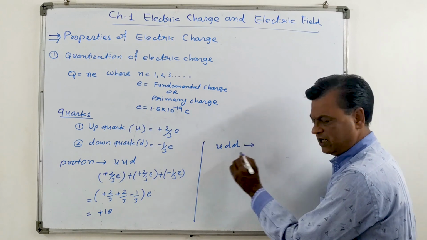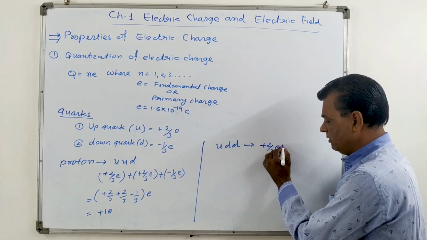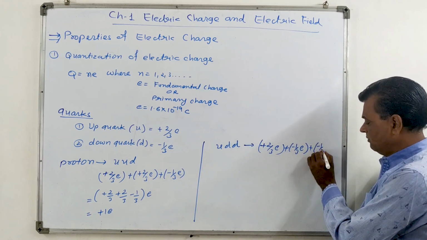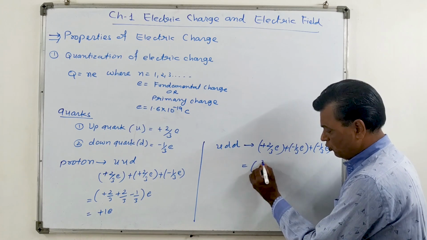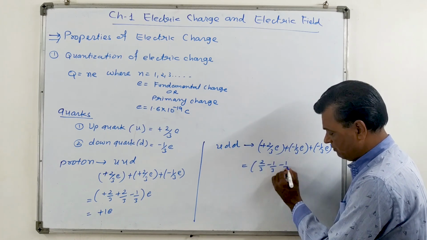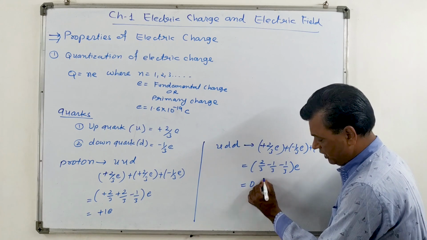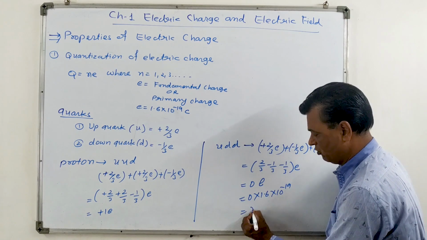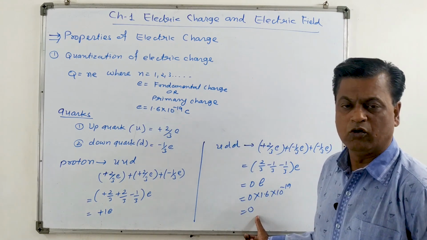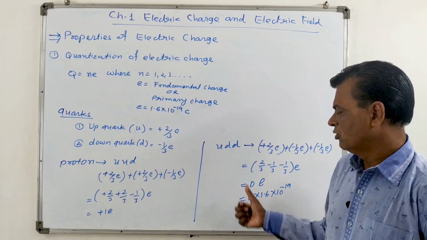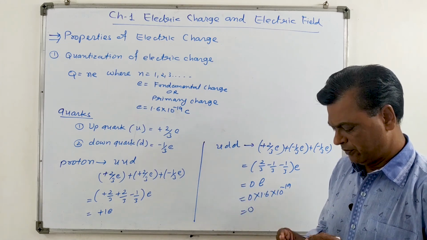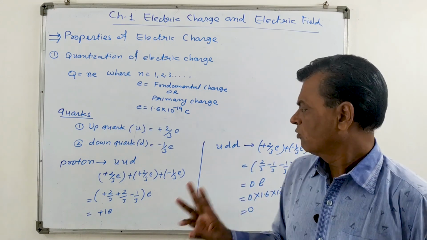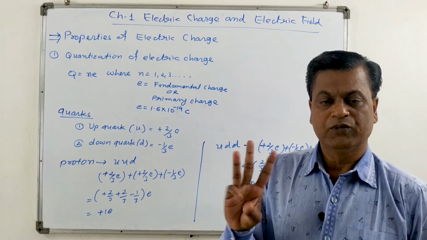Let us check: plus 2/3 e plus minus 1/3 e plus minus 1/3 e. So 2/3 minus 1/3 minus 1/3 is 0 times e, so 0 × 1.6 × 10^-19, which is 0. Zero charge means no charge, so the neutron is electrically neutral. Now a single quark does not exist. Quarks always exist in groups of 3.